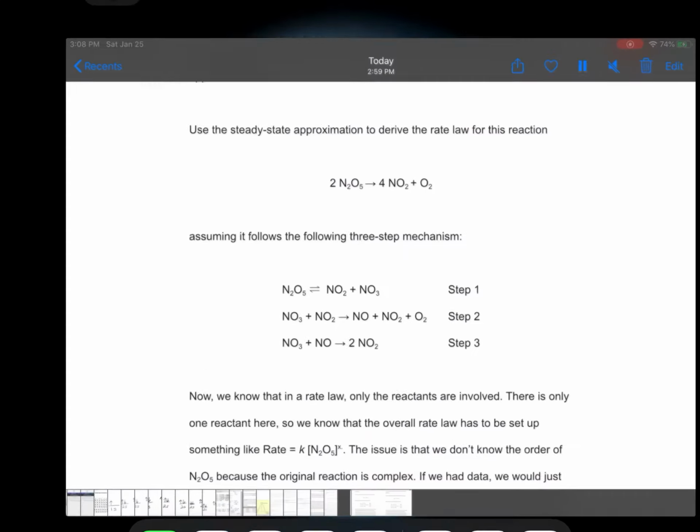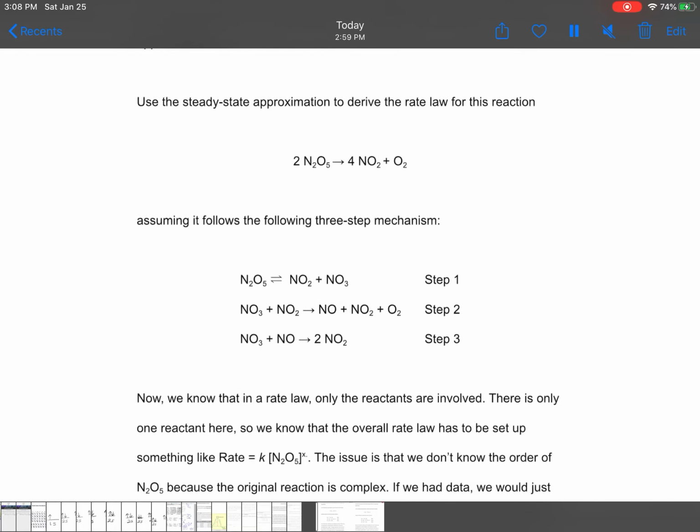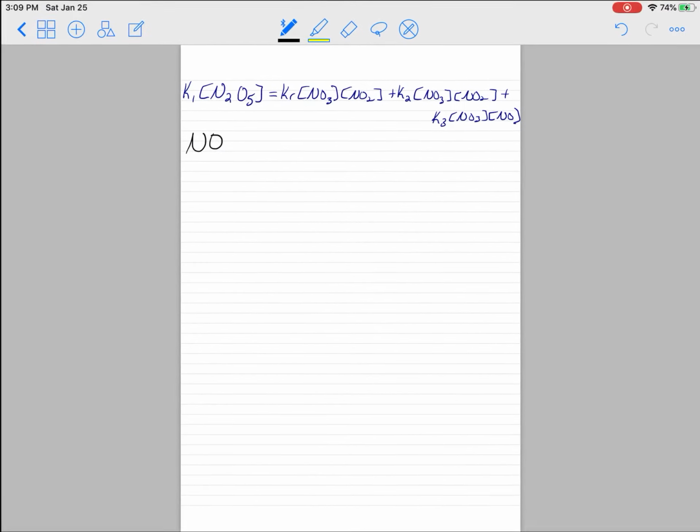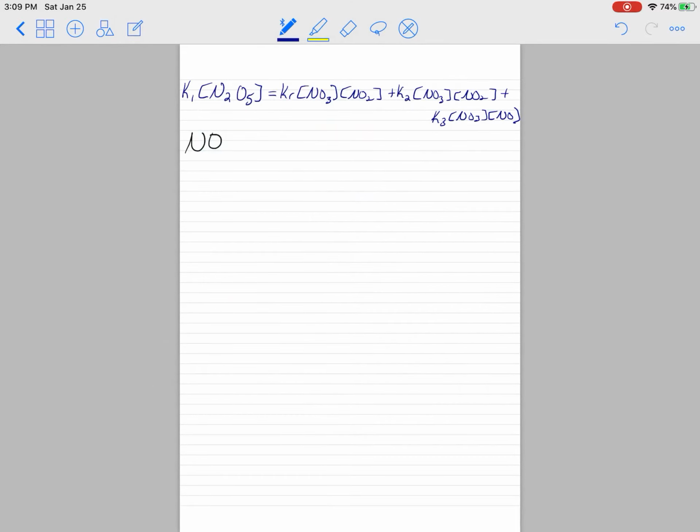NO is also one of our intermediates. So let's go back and look at the steps here. We can see that NO, thankfully, is only produced and consumed in a single step each. It's produced in step 2 and it's consumed in step 3. So we'll only have 2 rate laws, and I'm just going to set those equal to each other because we know they're going to have to be anyway.